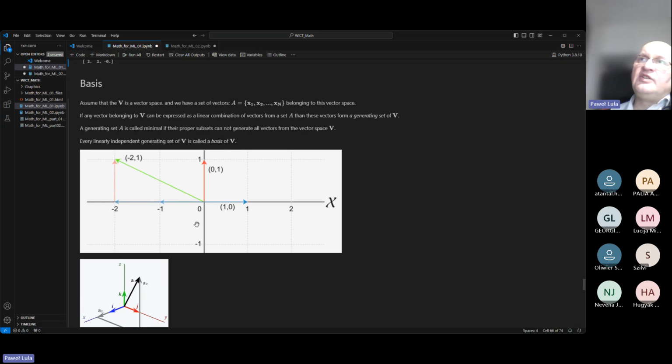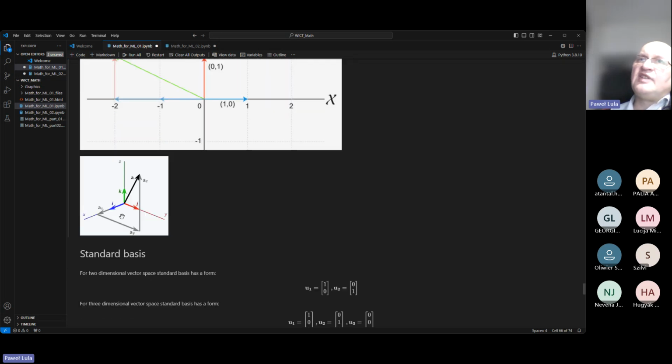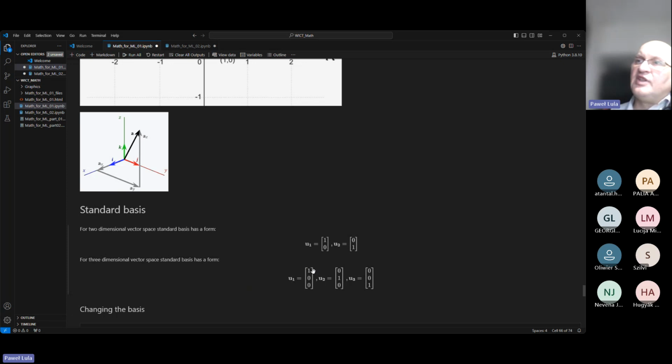So it is a basis, and the standard basis for three-dimensional space is here. These vectors are defined in this way. The same operation we can perform for four-dimensional space and for n-dimensional space, generally speaking.